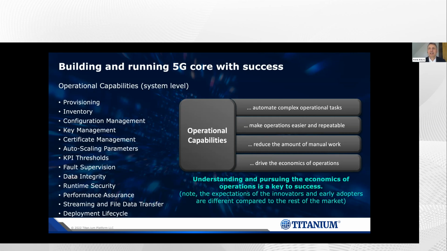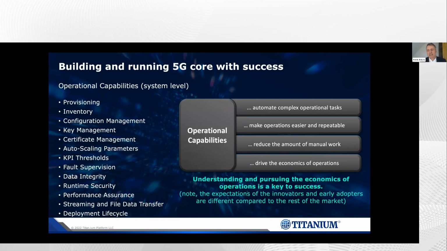So operational capabilities at the system level, I'm not talking about the operational capabilities at the communication service level, understanding and pursuing the economics of these operation capabilities is key to success. And what I also want to highlight is that there is definitely a difference between the expectation of the innovators and the early market compared to the rest of the market.